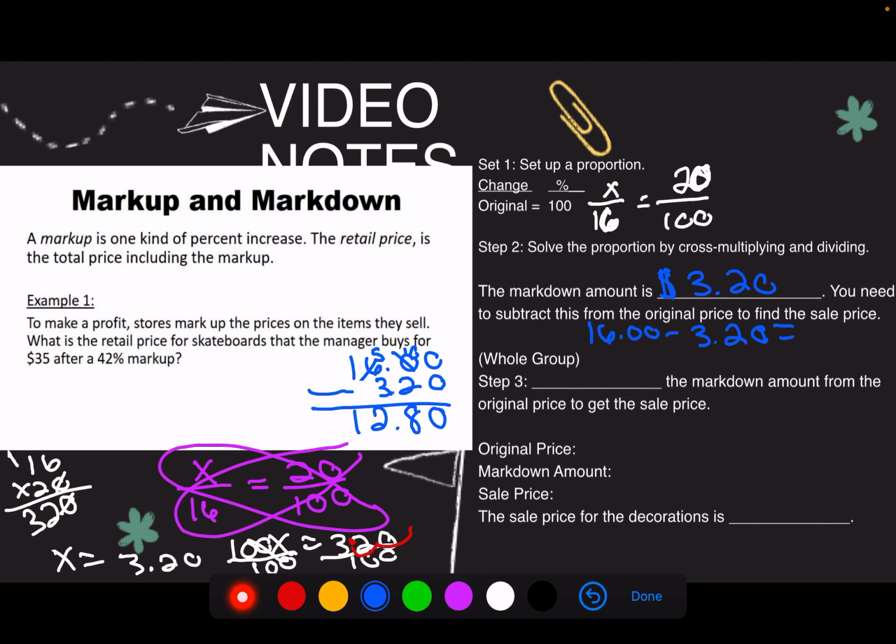So step 3 is going to be to subtract the markdown amount from the original price to get the sale price. So the markdown amount was $3.20. The original price was $16.